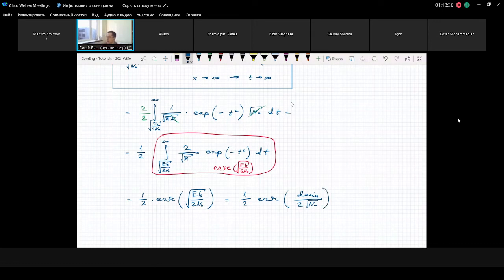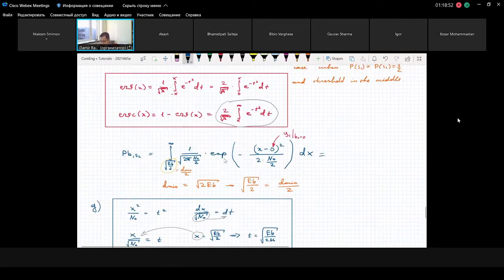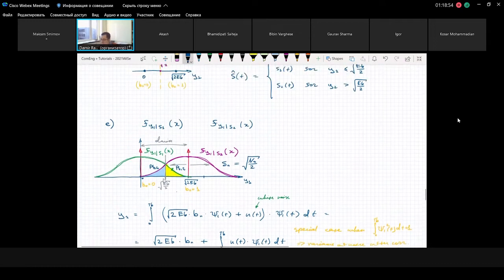Sometimes you can see this in terms of d min, the minimum distance.